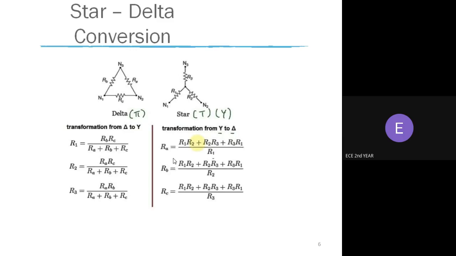Similarly, RB is equal to R1 R2 plus R2 R3 plus R3 R1 divided by R2. RC is equal to R1 R2 plus R2 R3 plus R3 R1 divided by the resistance R3.